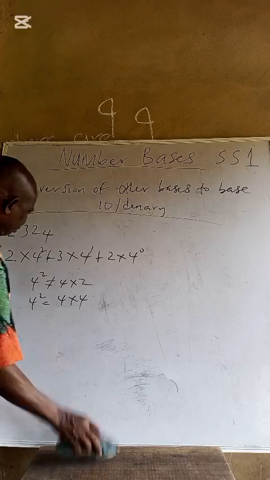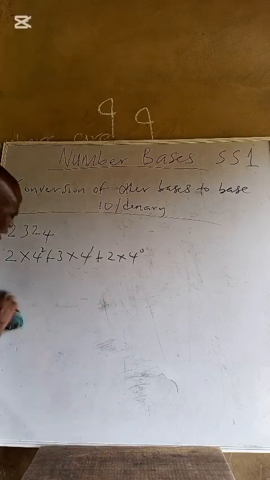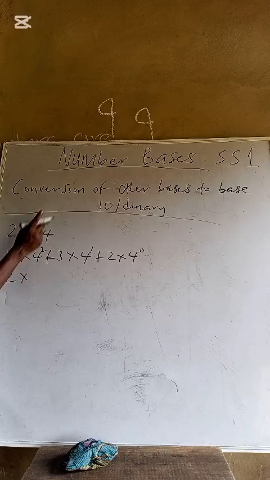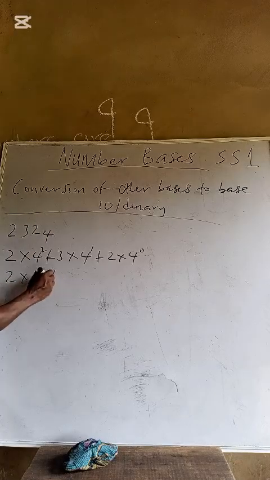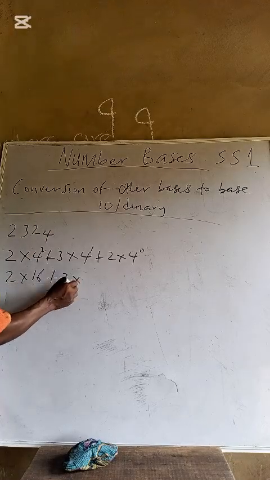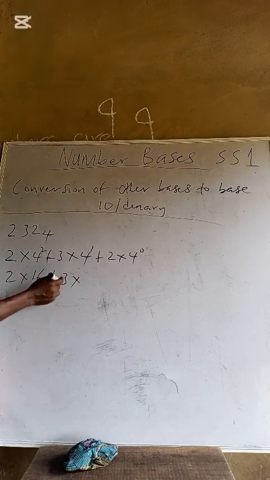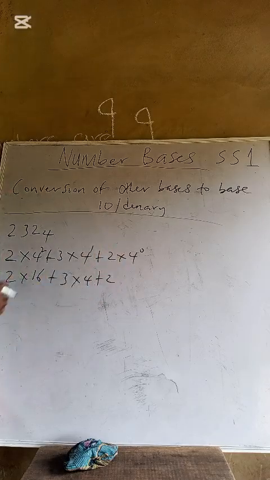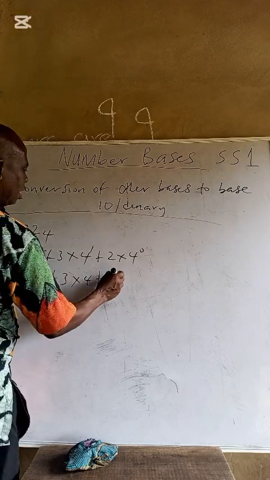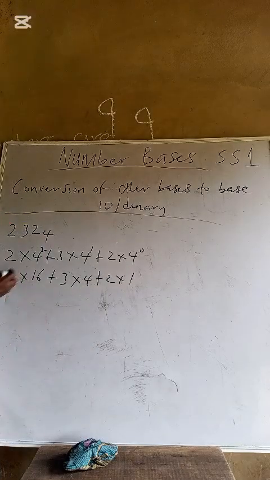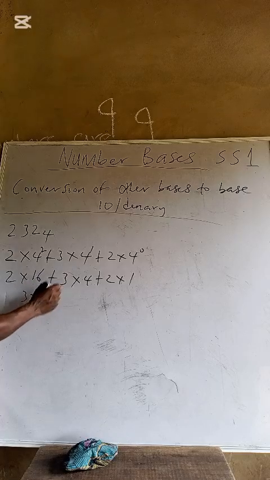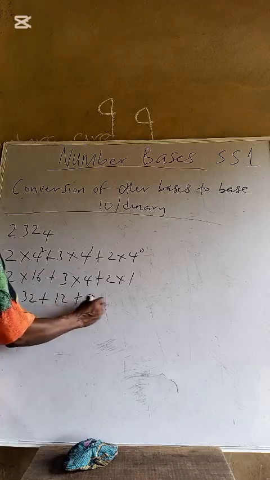So you write another line: 2 multiplied by 4 times 4, which is 16, plus 3, 4 raised to power 1 is still 4, plus 2, any number raised to power 0 is equal to 1, so times 1. 2 times 16 gives us 32, plus 12, plus 2.